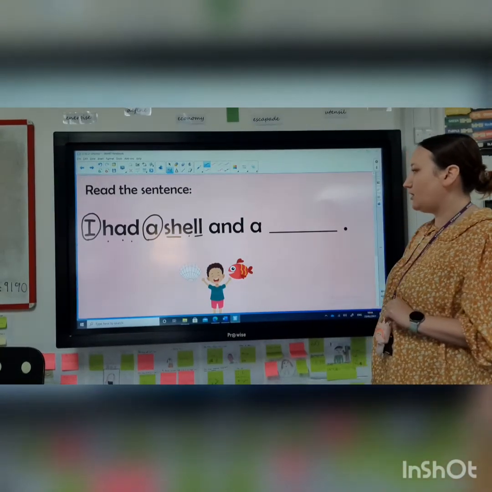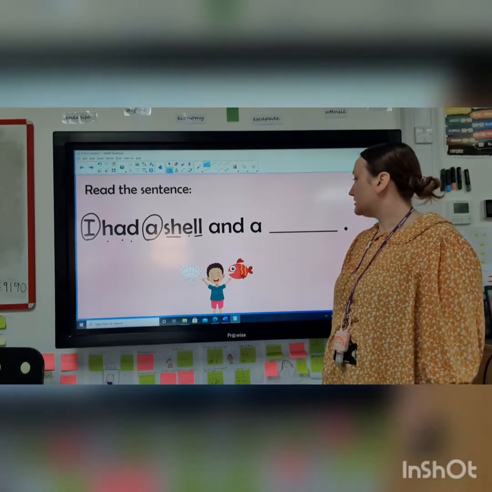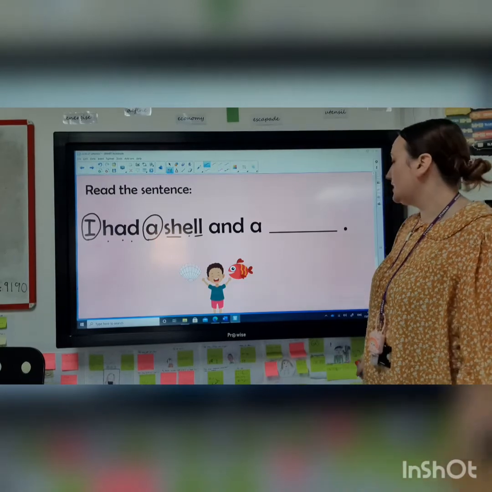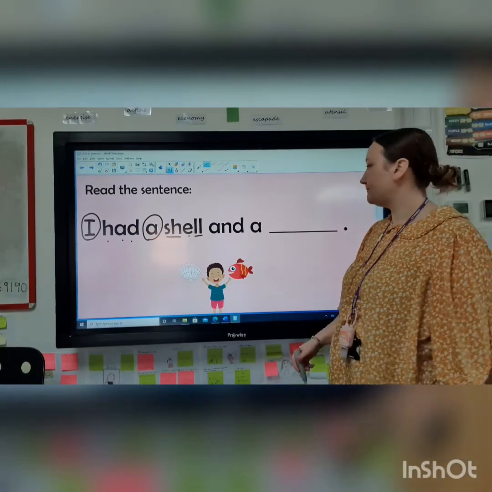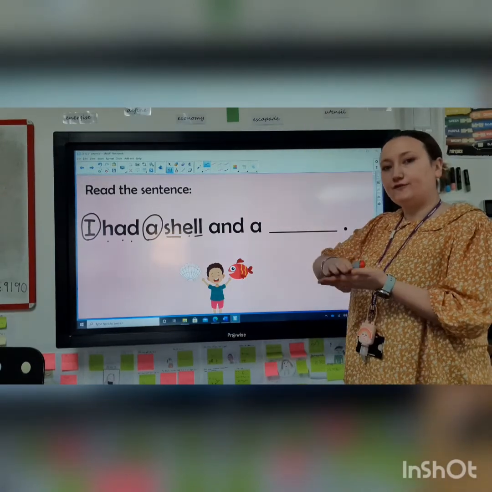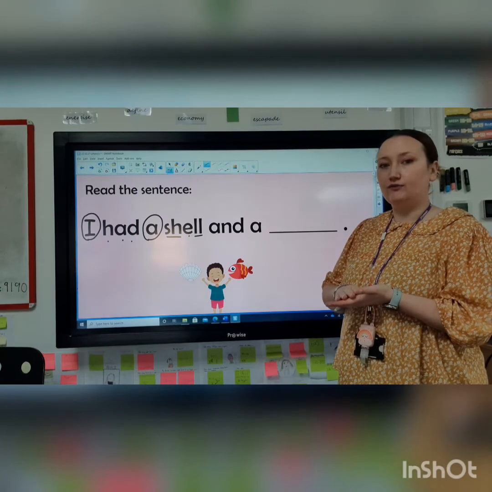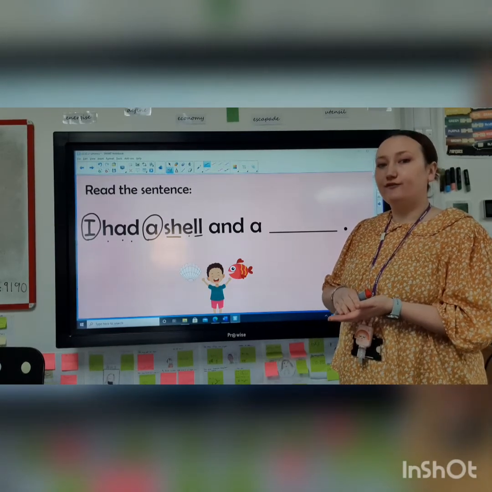fish. So I think we need to write that word fish. Okay, so I'm going to write it on here, and then I want you to write it by yourselves as well. Okay, so fish. What's the first phoneme we need for fish? It's f, isn't it? So it's f. So don't get it confused with our new phoneme that we learned. So it's not that one. It's f. Okay.